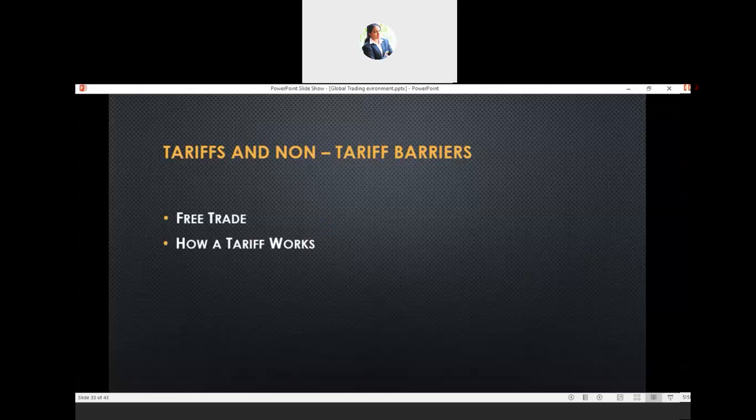Okay. Now, speaking regarding tariffs, to tell in simple words, there are two kinds of tariff: a specific tariff and an ad valorem tariff. A specific tariff is a tax levied as a fixed fee. It does not take the value of the goods into account, but is instead a fixed fee.